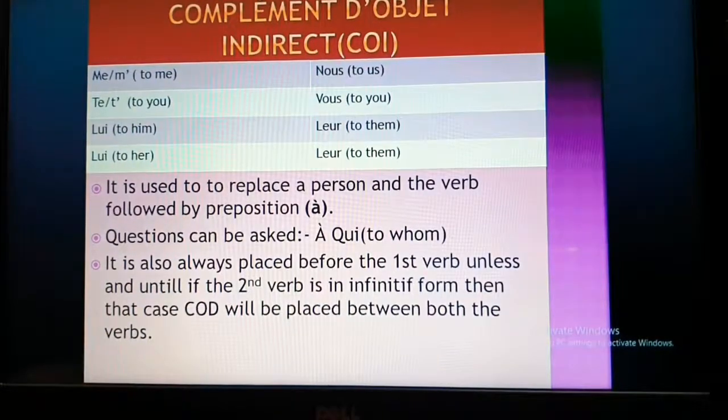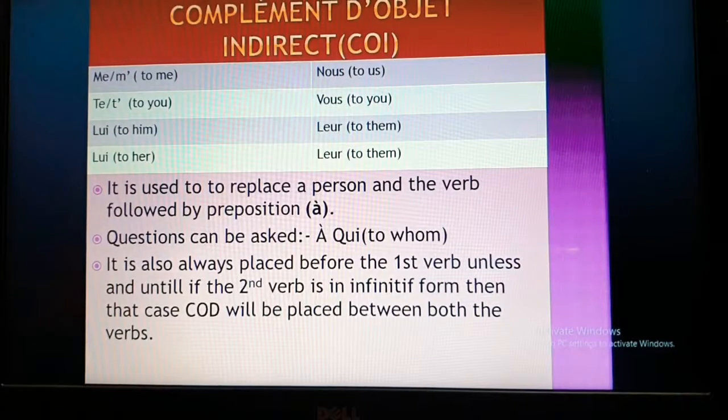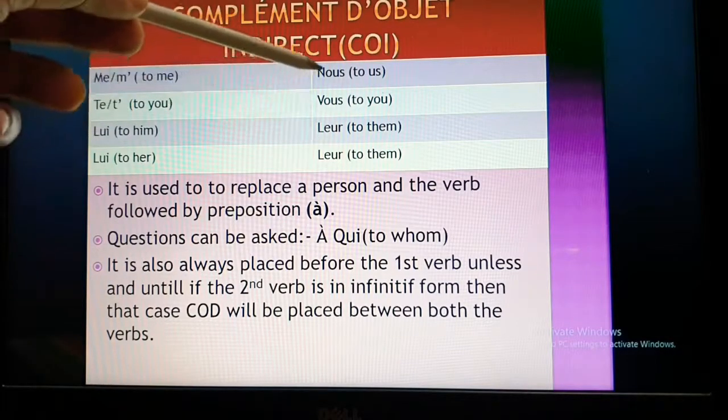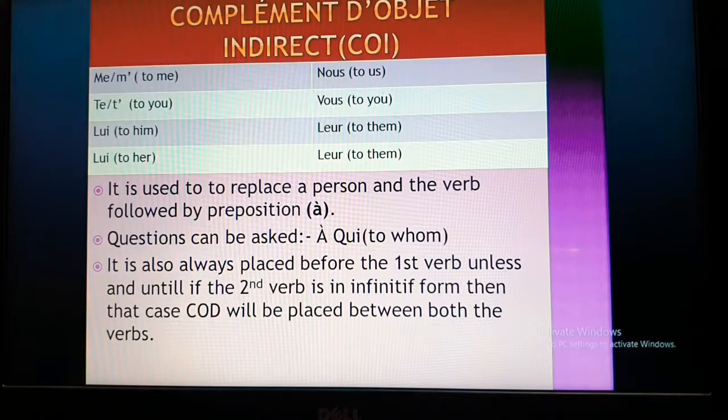Now complément d'objet indirect. COI is the indirect object, where we have me, te. Now we saw in COD it was le and la. Now we have only lui for both masculine and feminine. Similarly nous, vous and leur.